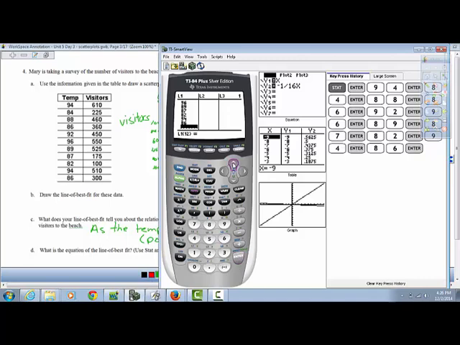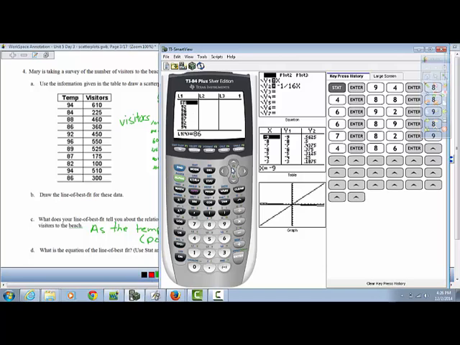So that's the end of my x values. So I'm going to go back up to the top, and then I'm going to go over to L2, which is my y. So I'm going to put in the 610, enter, 225, enter, and so on.